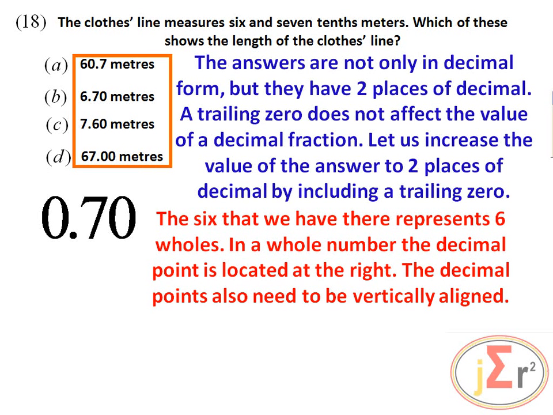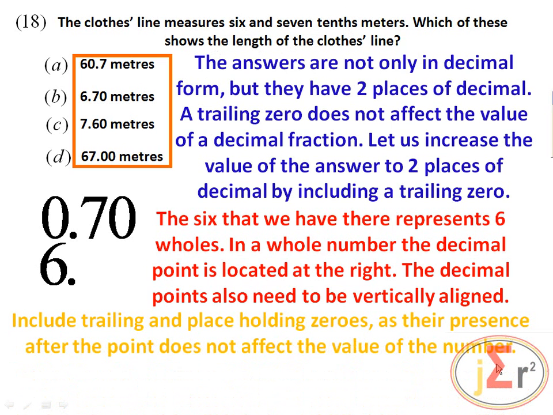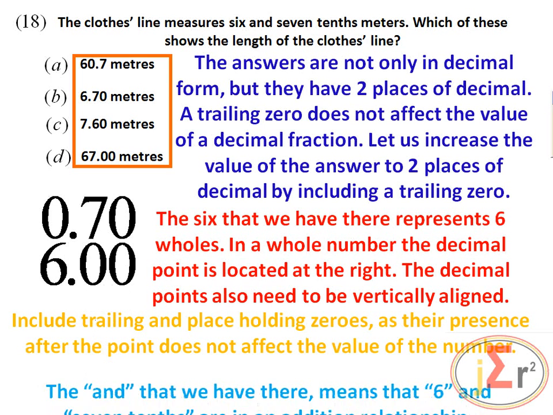So we are going to combine the 6 that we have here with the 7/10 that we have there. Include trailing and placeholding zeros, as their presence after the point does not affect the value of the number. So we may put in those trailing zeros because they do not affect the value of the number.